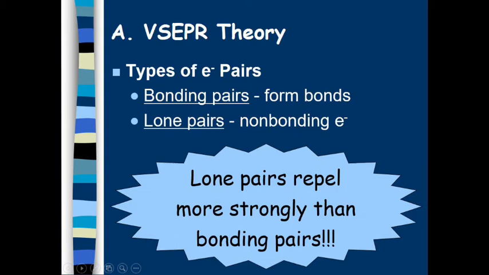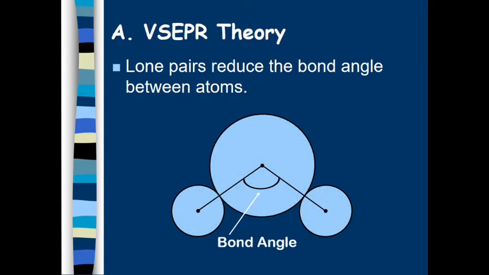And with these pairs of electrons, our lone pairs, again, we're going to focus on the central atom, repel more strongly than bonding pairs of electrons. So lone pairs affect what we call the bond angle, since they repel more strongly.